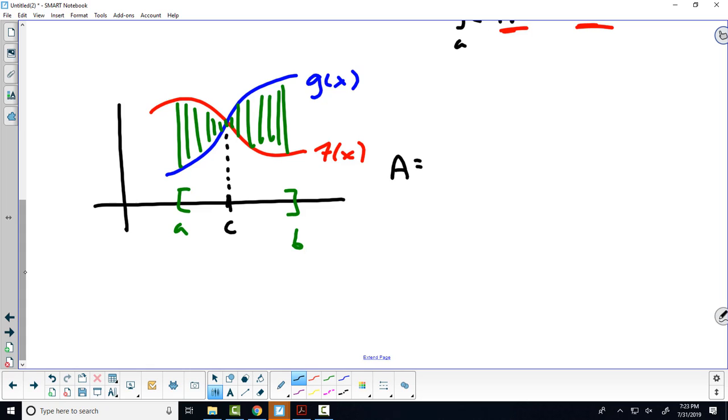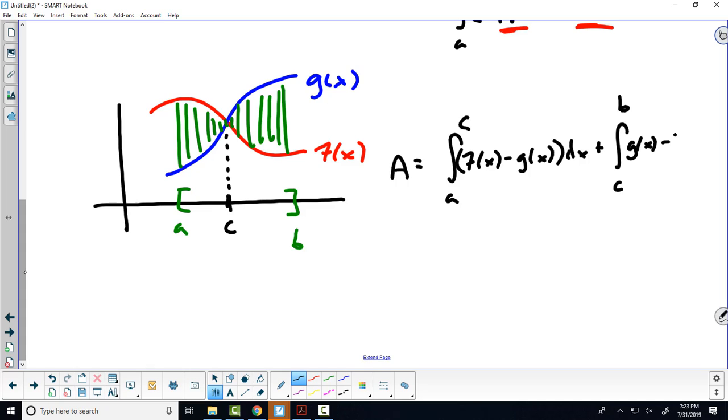We would say that the area is simply the integral from a to c of f of x minus g of x dx, plus the integral from c to b of g of x minus f of x dx. Now, there are many other ways. In fact, I heard somebody say minus.